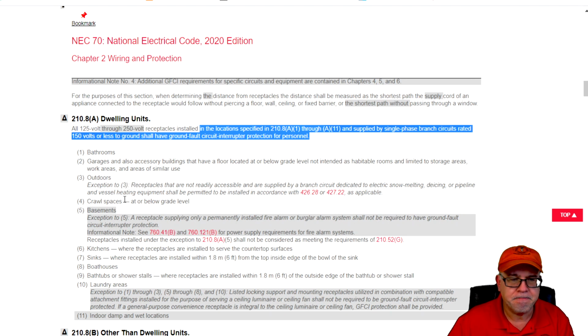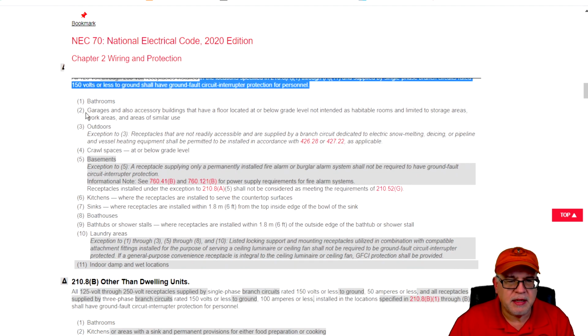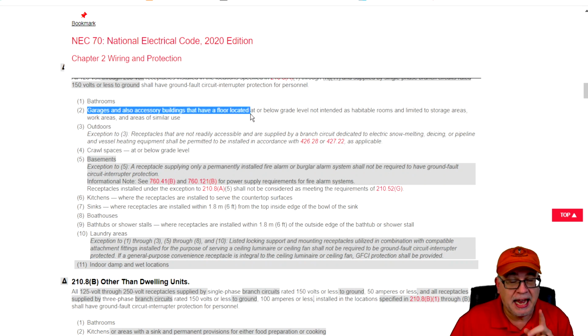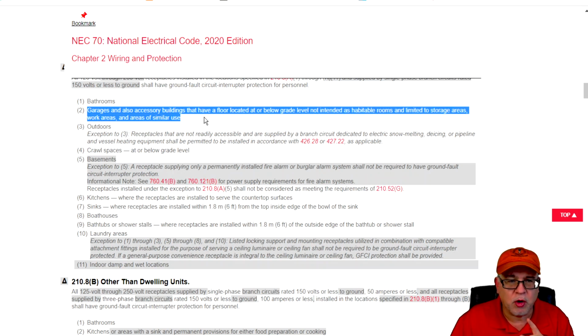So again, we're very detailed in dwellings, and we're very much held to what's called single-phase branch circuits in our applications right here, right? Now, the next one is obviously item number 2, and that is garages and also accessory buildings that have a floor located at or below grade level, not intended as habitable rooms and limited to storage areas, work areas, and areas of similar use. So this is really any type of accessory building, maybe Cheryl's she shed, if you will, that could be considered an accessory building to the dwelling.